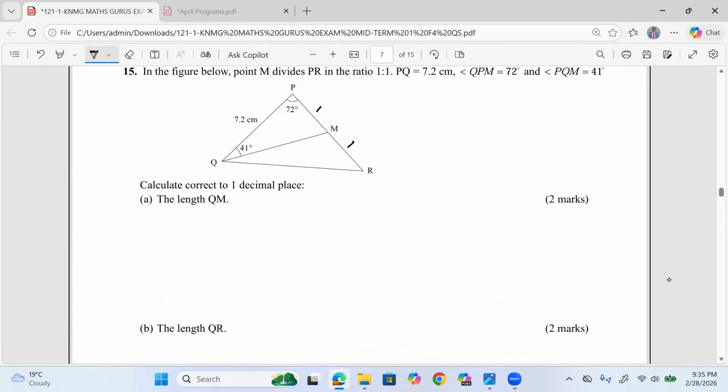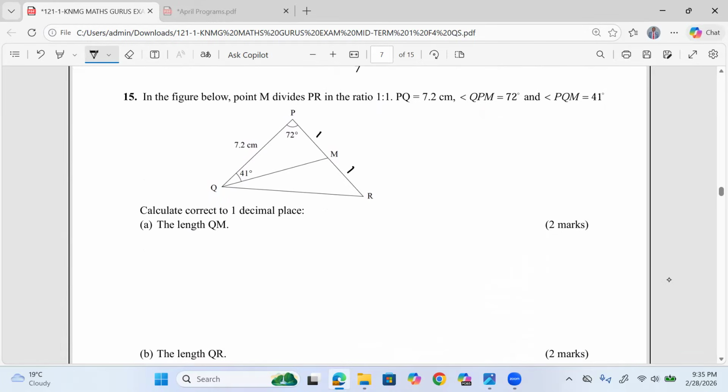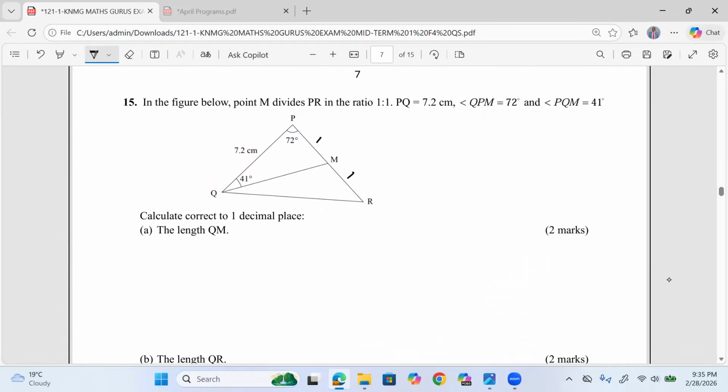So for QM, to allow us to use the sine rule, we have capital letters for angles and small letters for the opposite sides. For the triangle PQM, the length p, which is our QM and unknown, out of the sine of the angle at P should be equal to an angle which is known. 41 and 72 are known.